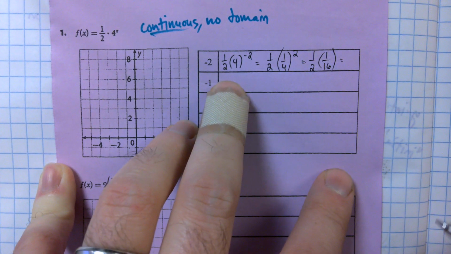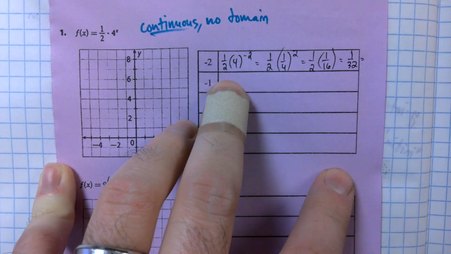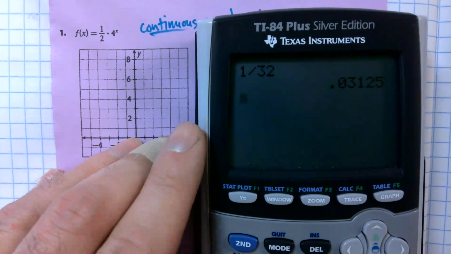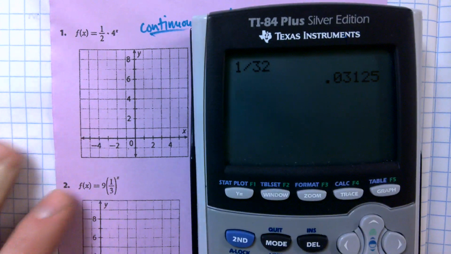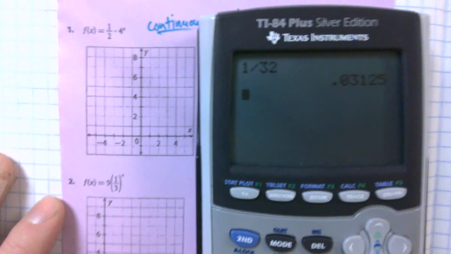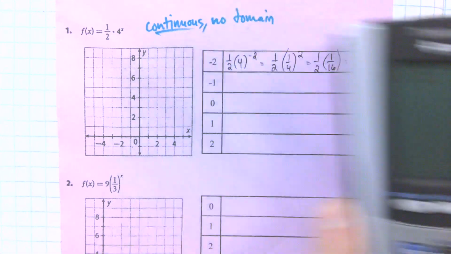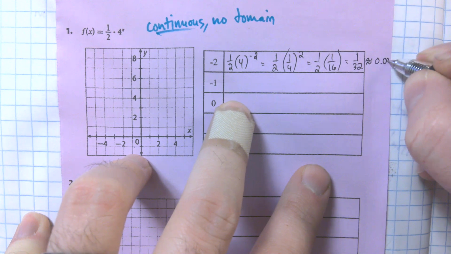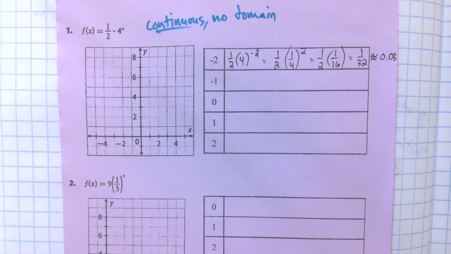And what's 1/2 times 1/16? 1/32, which as a decimal is 0.03125. Basically 0, but not quite. Can you see that? No, you cannot. Yes. 0.03, we'll just call it 0.03. Okay, almost 0. Pretty darn close to 0.